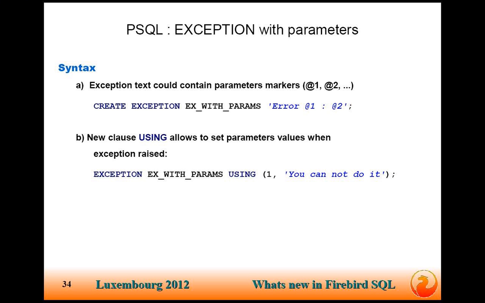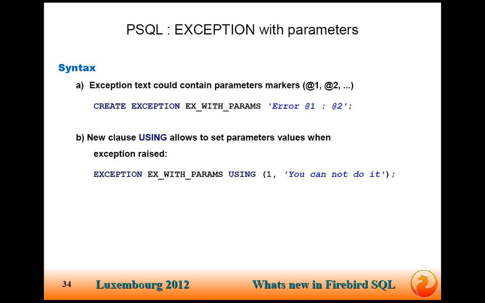If you need an ampersand sign inside your exception text, you just double it and it will produce the normal text. It's like a quote. At the client side, I have no good example for it, but in the status vector you can extract every parameter value.